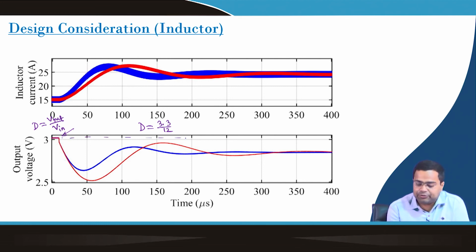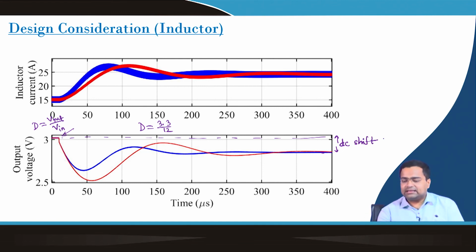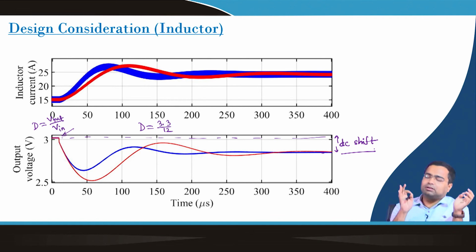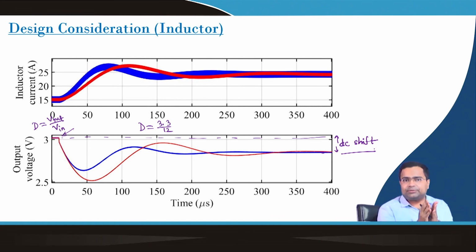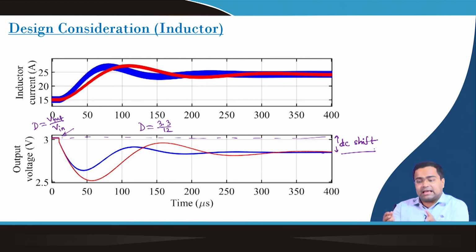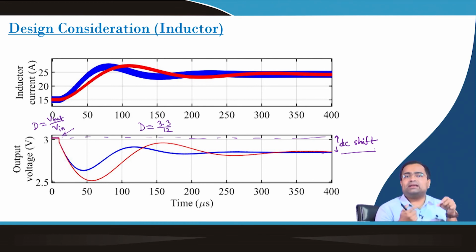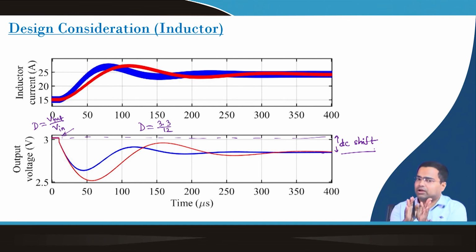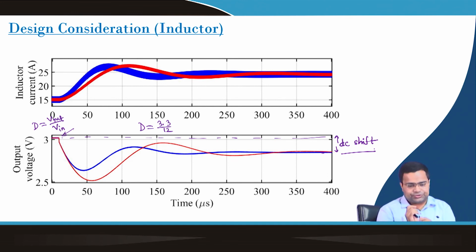That means, if you take this point and this point, there is a DC shift, and this DC shift is due to the more drop across the inductor DCR and the on-time resistance of the MOSFET. This can be compensated by closed loop control by adjusting the duty ratio, but here we are operating at a fixed duty ratio.